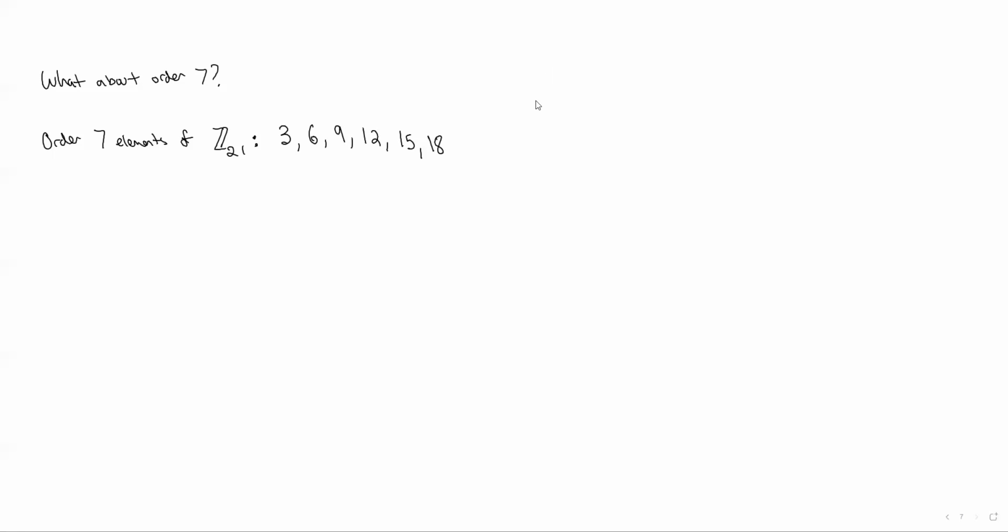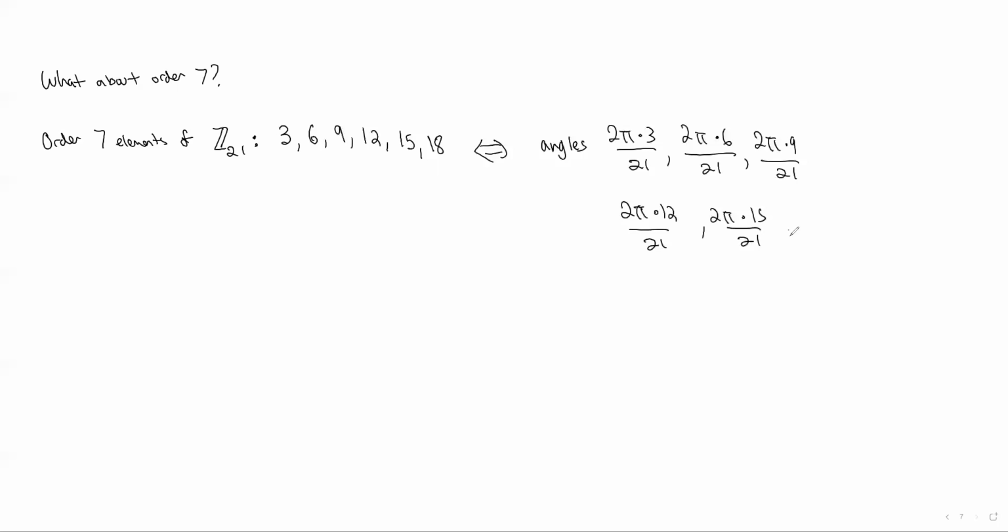So the angles, and these correspond to angles. So angles are 2 pi times 3 over 21, 2 pi times 6 over 21, 2 pi times 9 over 21, 2 pi times 12 over 21, 2 pi times 15 over 21, and 2 pi times 18 over 21.